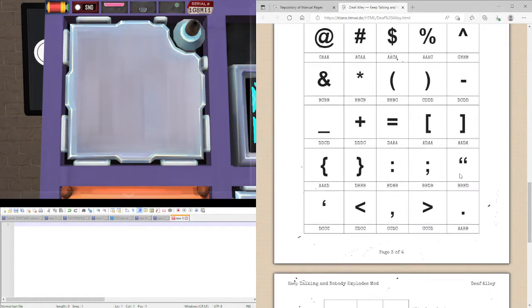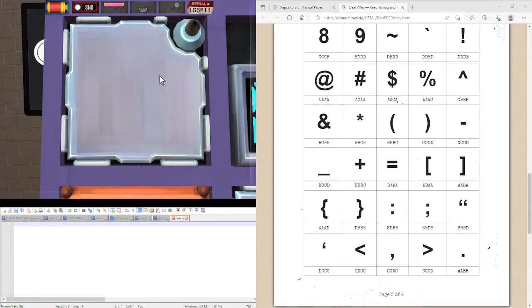I'm guessing it might be the asterisk. There isn't two symbols up here, is there? So it seems to be a symbol up here in the middle here. Yeah, I'm pretty sure this is the asterisk.